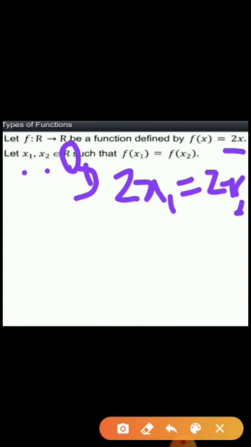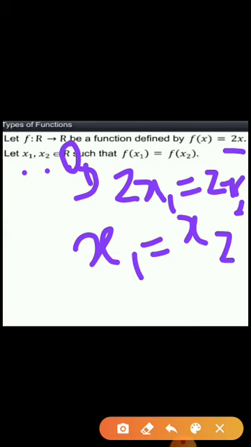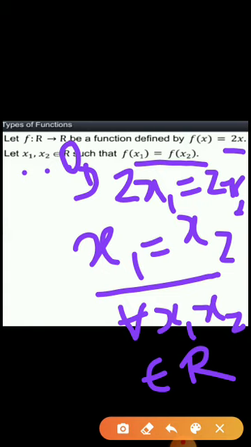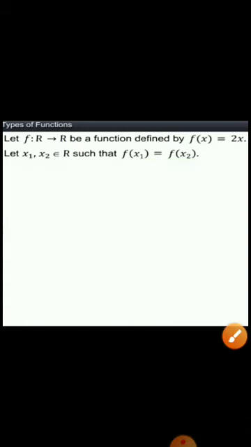Now can I cancel 2 on both sides? Yes. So have I got x1 is equal to x2? Yes. I have got x1 equal to x2, and that will be true for all x1, x2 belonging to the domain R. And hence we can say that this given function is a 1-1 function.